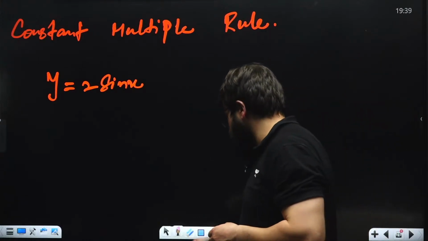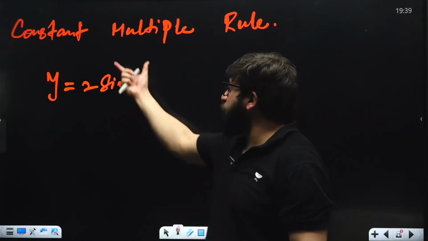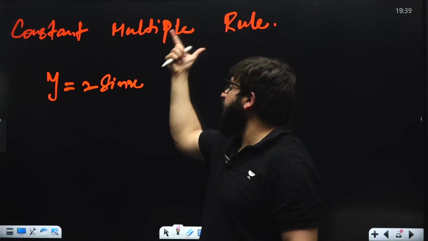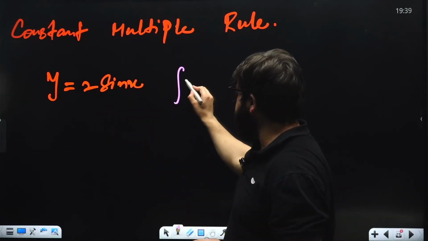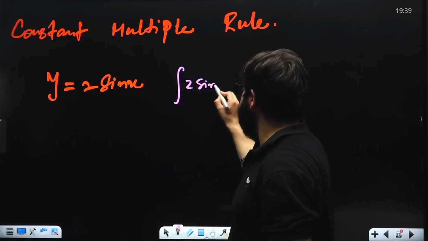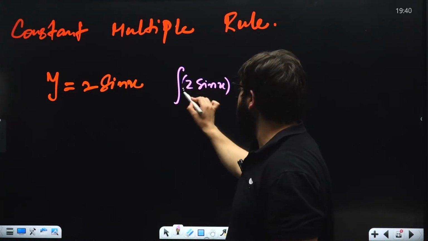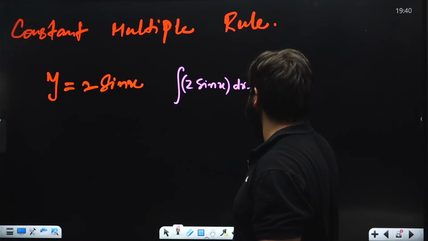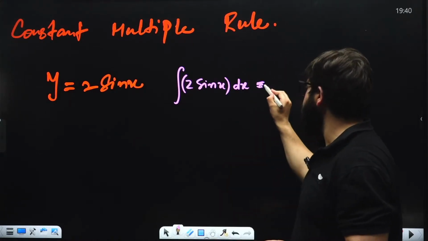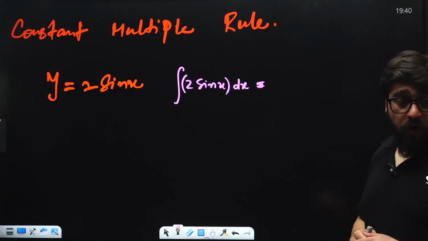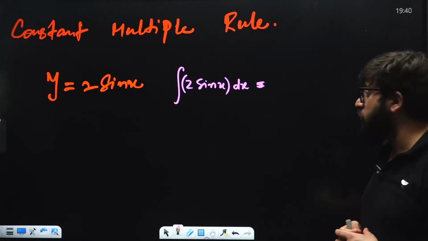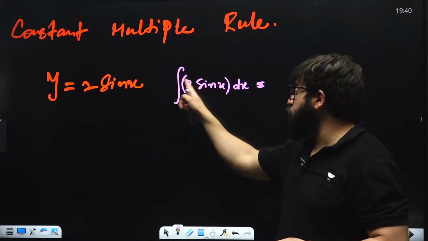I have already shown you this. Let's suppose you have a constant multiplied with a function and you have to do its integration. Integration of 2 sine of x dx. What we used to do in case of differentiation, we used to take this constant out.